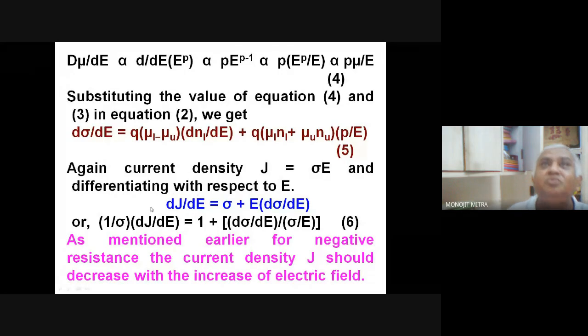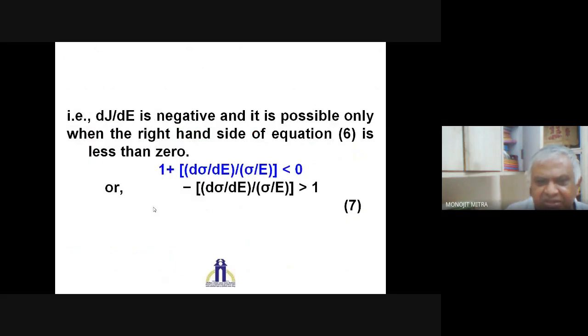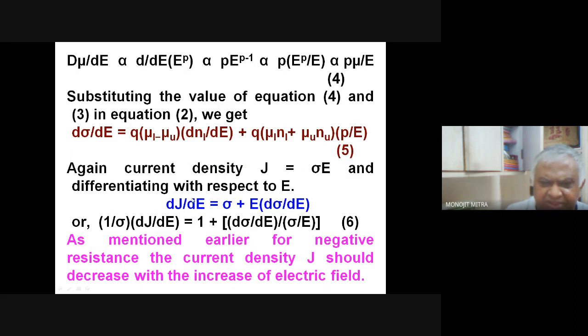So I have written in the next line: dJ/dE is negative is possible only when the right-hand side of equation 6 is less than 0. Because 1/σ is there, if dJ/dE is less than 0, the device is negative resistance.